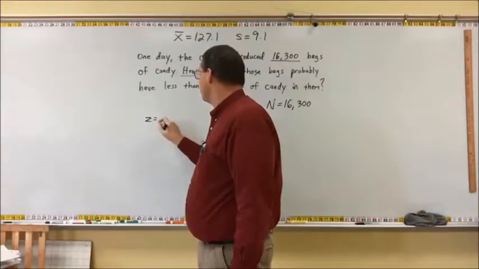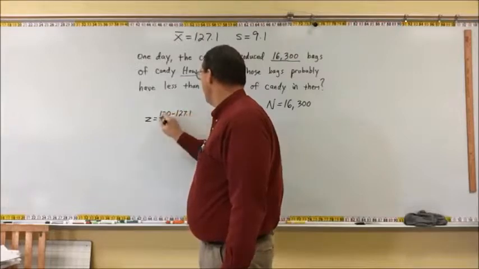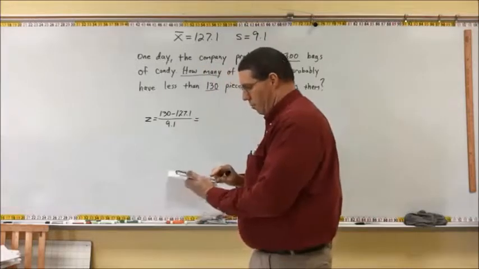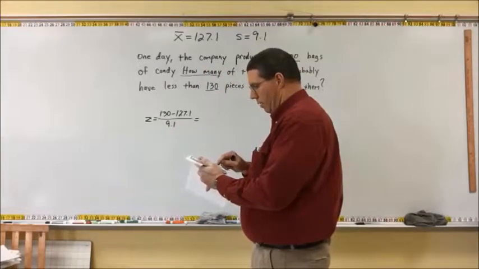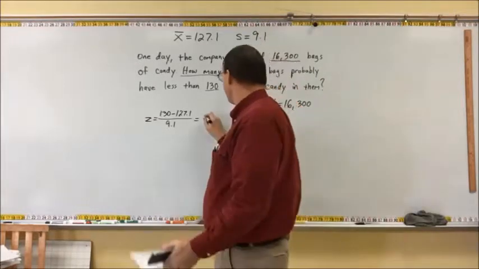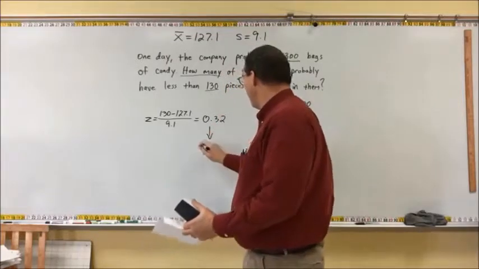So z is equal to 130 minus 127.1 over 9.1. All right, so 130 minus 127.1 divided by 9.1, and that gives us 0.32. And now we're going to turn that into a p-value.